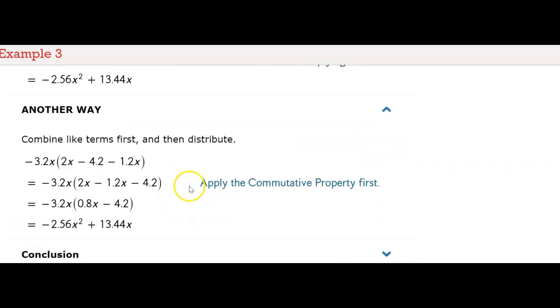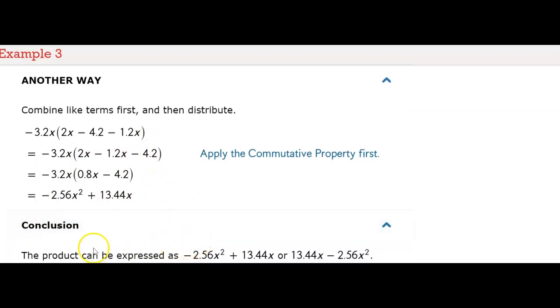Then another way is to combine like terms first. So in this way, inside the parentheses, they combined the like terms, the ones with variables, and then they solved it. And then last but not least, your final answer or product is this answer here. And again, the two different ways is just in a different order, but the same answer.